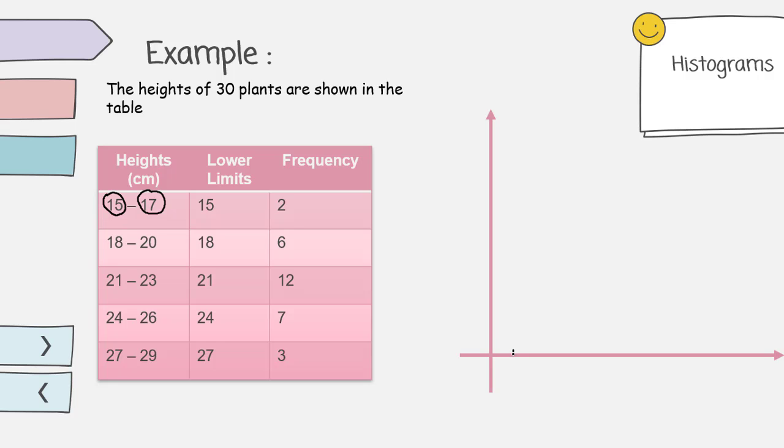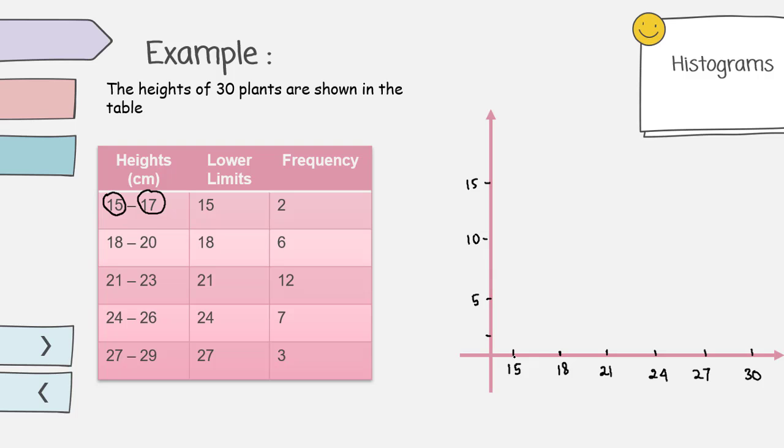Then you can start to label the x-axis with the lower limits, 15, 18, and so on. And then we can label the y-axis with the frequencies 5, 10, and 11.